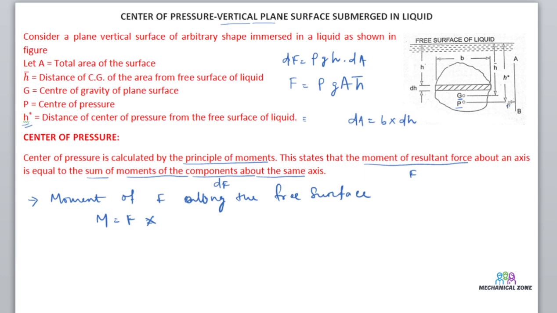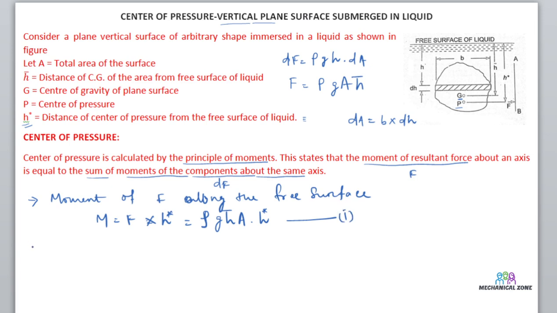At this point, force F is acting and the perpendicular distance from the free surface is h star. So our moment is F into h star, and we know the force is equal to rho g A h bar, so the moment is rho g A h bar into h star. This is the expression for force which we have already calculated for total pressure force. So this is equation 1.